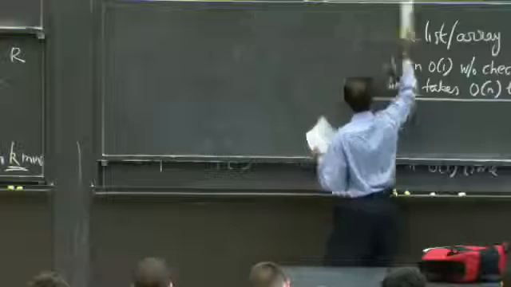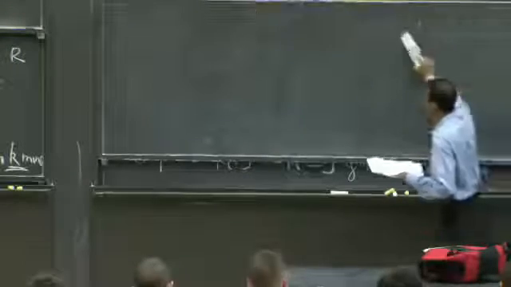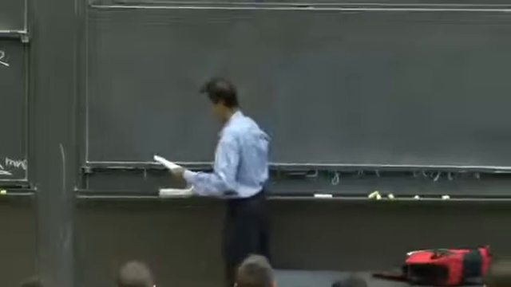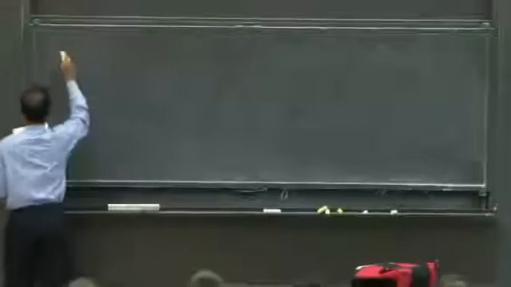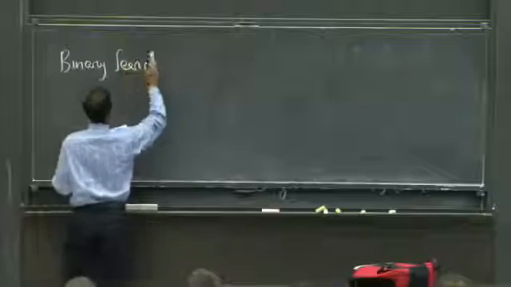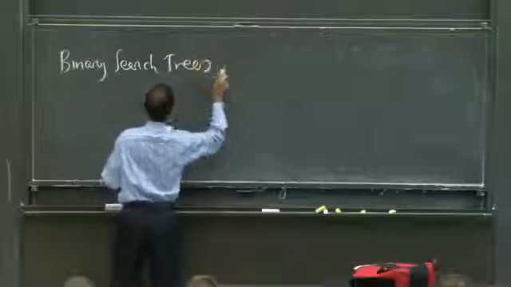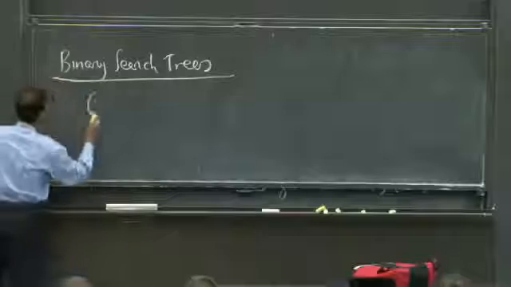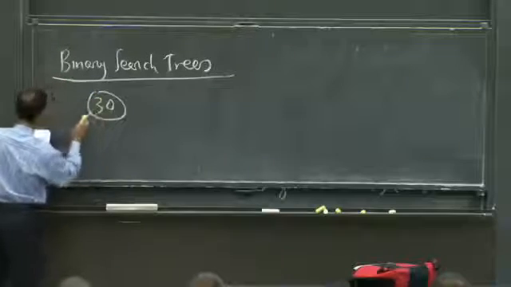The invariant is stronger than the heap invariant. And essentially, that makes them a different data structure, not necessarily a better data structure. And I'll say why, but different. For this problem, they're better. So one example of a binary search tree looks like this.